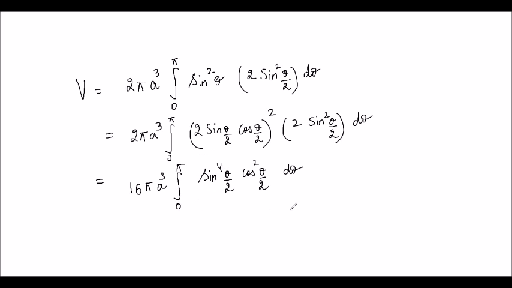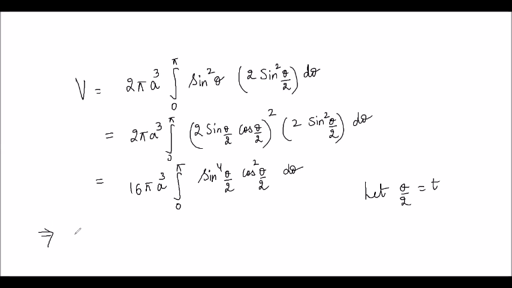Now we can use that property, but before that we have to make this theta by 2 a new variable, and the limit should also be 0 to pi by 2. So we consider the substitution: let theta by 2 be t.